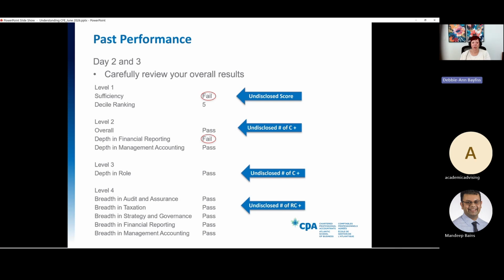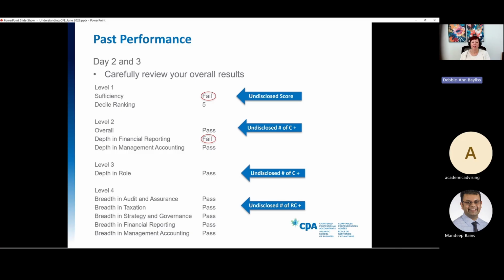When it came to level 2, they met the depth for management accounting, meeting the undisclosed number of competent responses or higher, but they didn't meet the depth in financial reporting. In the end, the reason the candidate failed was because they didn't meet level 1, the sufficiency test, and that's an undisclosed score.